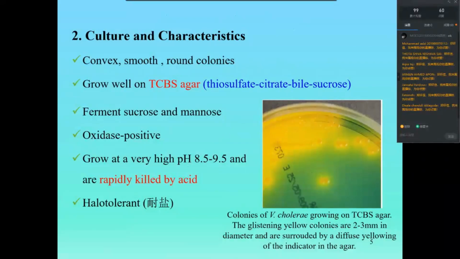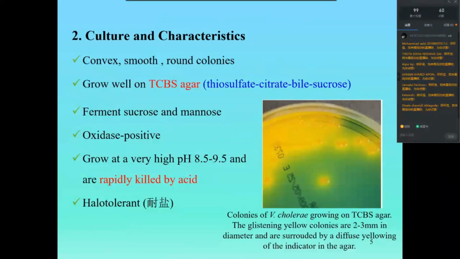This is interesting because Vibrio cholerae is transmitted through ingestion. But you know that in our stomach we have a lot of acid, and the pH is very low, around 2.5 or something like that. That means a lot of the cholerae bacteria you ingest into the stomach will be killed. They cannot survive.